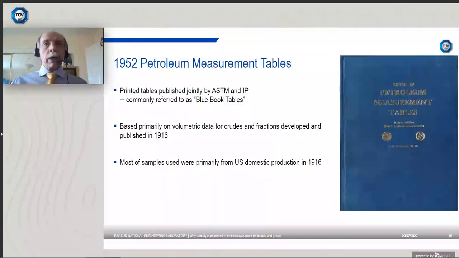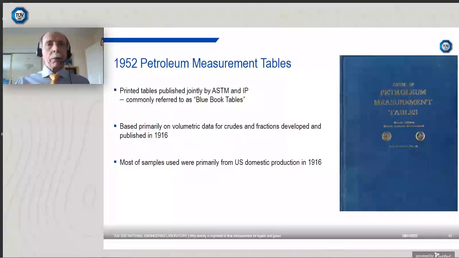The 52 tables were called the Blue Book tables because they were a blue book. They were actually jointly published by the American Society for Testing of Materials and the UK Institute for Petroleum. Although they were published in 52, they were actually based on data really dating back to about 1916.